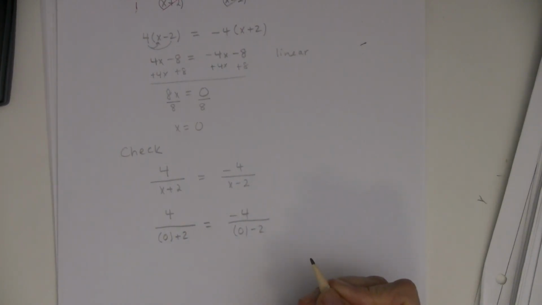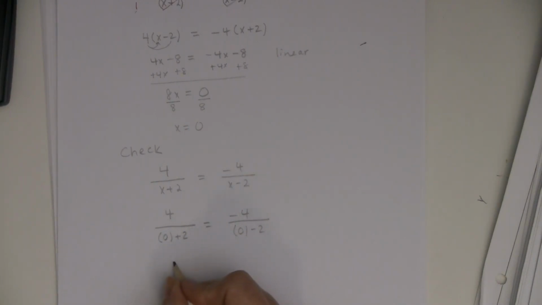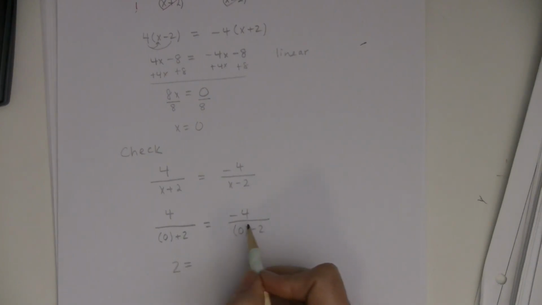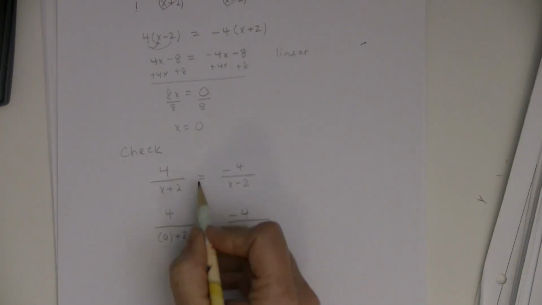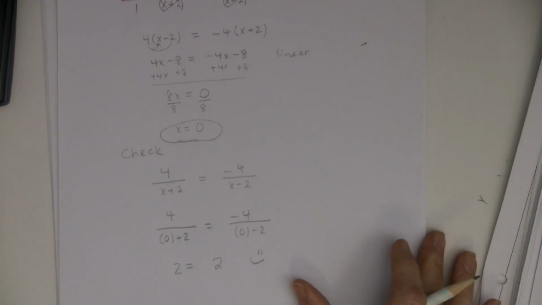And I want to check, does the left side equal the right side? So this is 4 over 2, which is 2, and of course you could use your calculator. And this is negative 4 over negative 2, which is also 2. And so we solved it. The answer is 0. And so that was 44 part C.